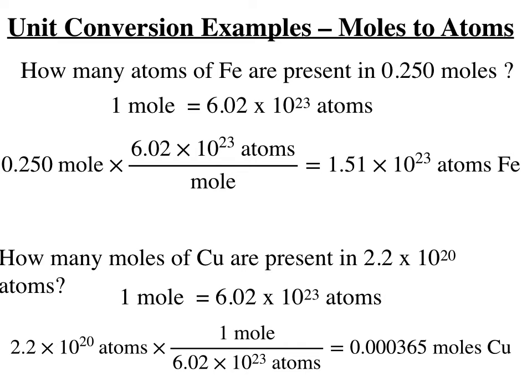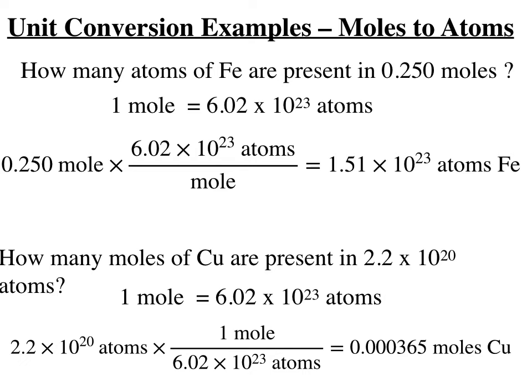How many atoms of zinc? How many atoms of gold are present in a quarter mole of gold? I would do exactly the same procedure and come to the conclusion that there is 1.51 times 10 to the 23rd atoms of zinc, atoms of copper, or atoms of gold present in that quarter mole.